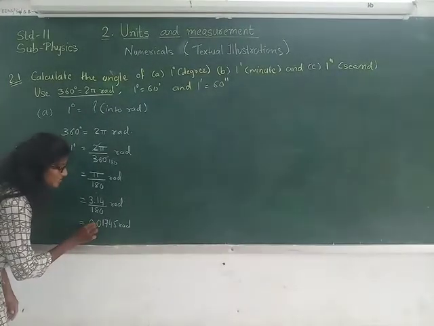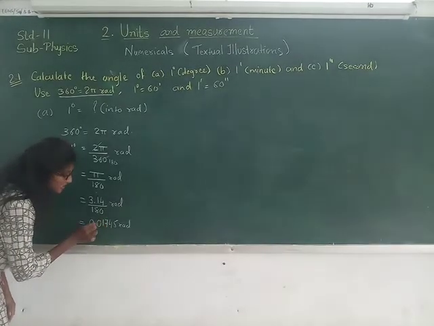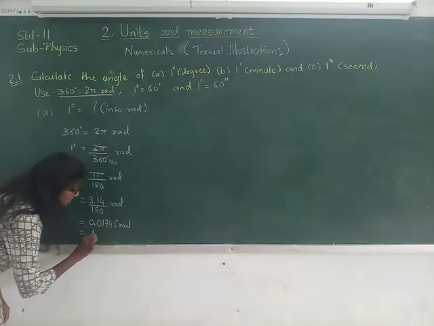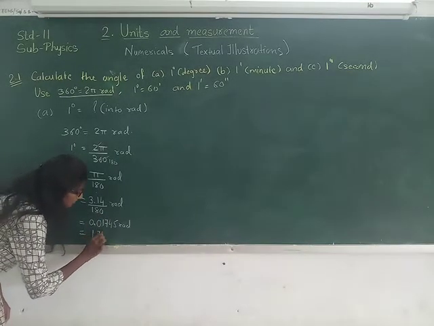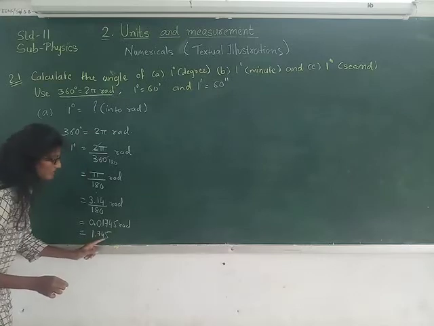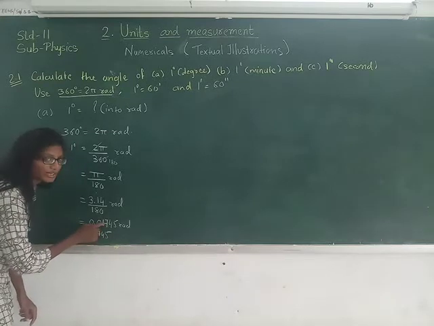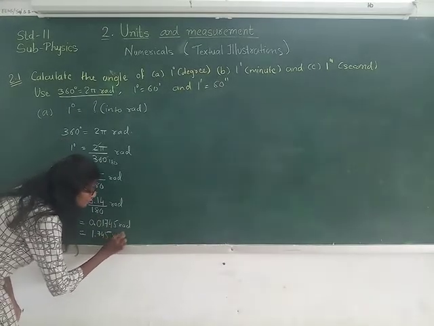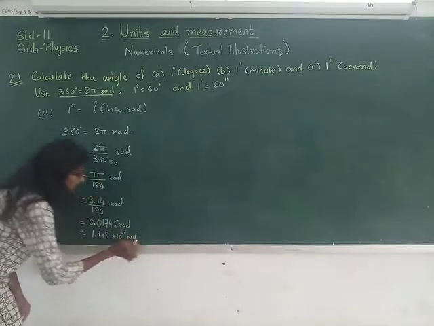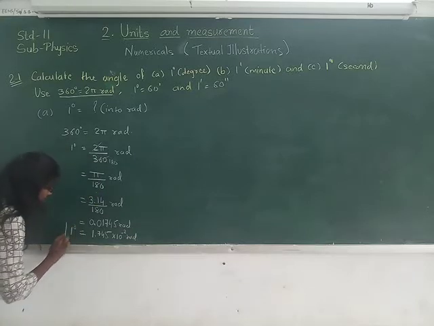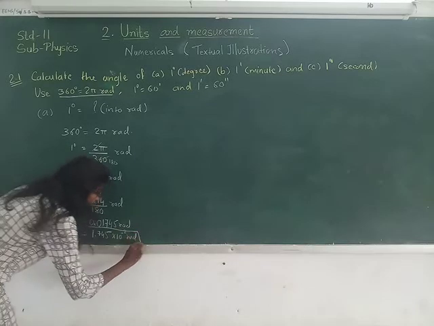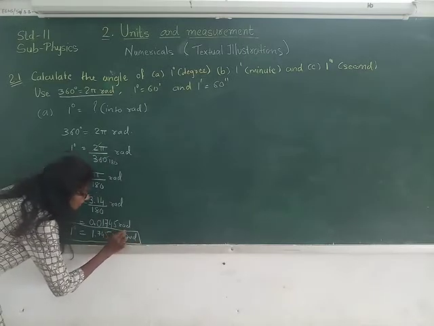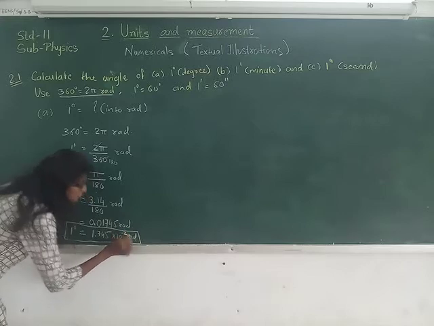So shifting this decimal point by 2 places, that is over here and here after 1. So shifting the decimal point, we get 1.745. We have shifted by 2 places, so it will be into 10 raised to minus 2 radian. So 1 degree is equal to 1.745 into 10 raised to minus 2 radian.